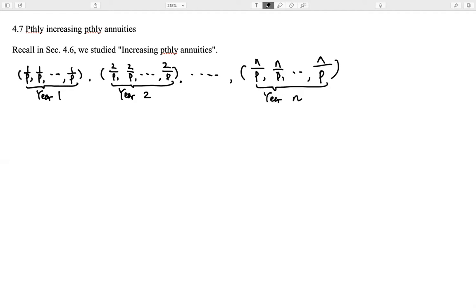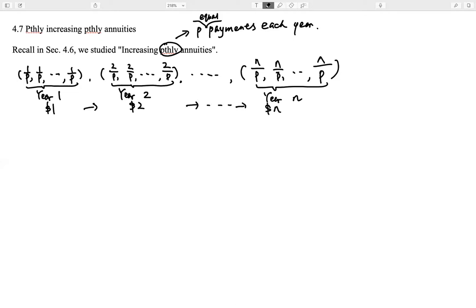So that is what we refer to as increasing Pthly annuities. So this means there are P equal payments each year. The meaning of increasing is that from year 1 to year 2 it goes from $1 to $2, and so on to N dollars, right?